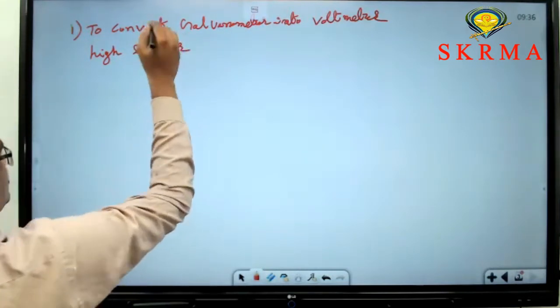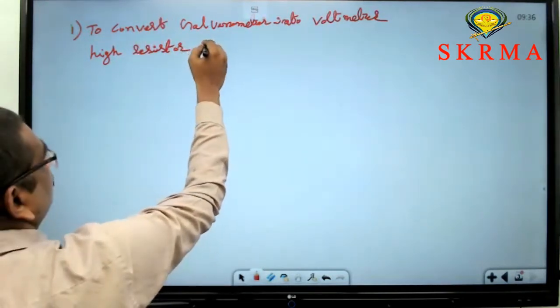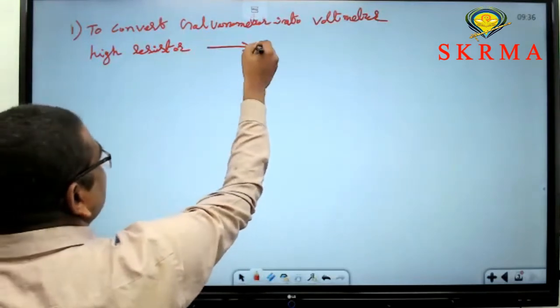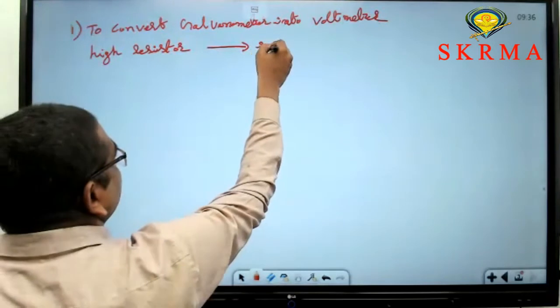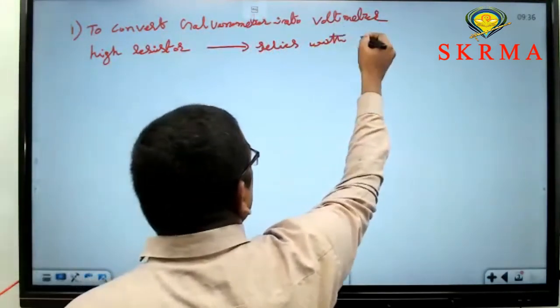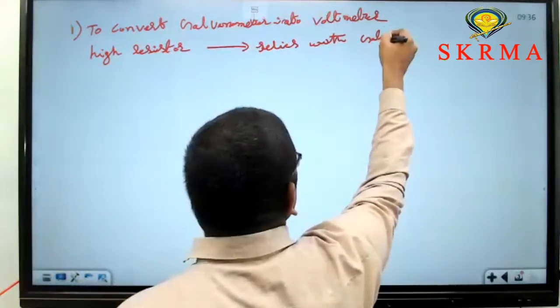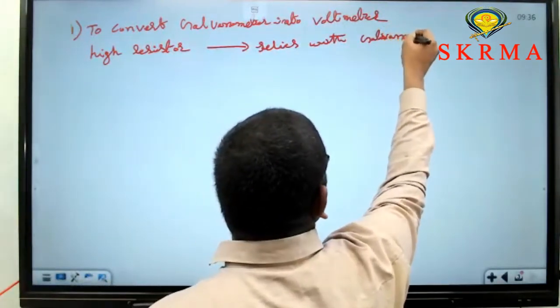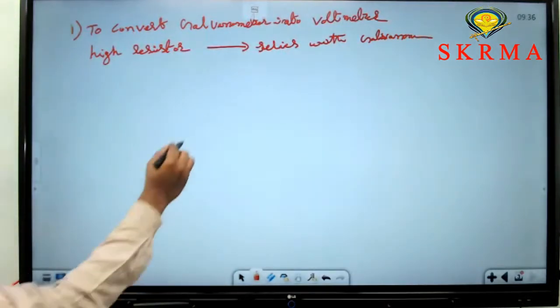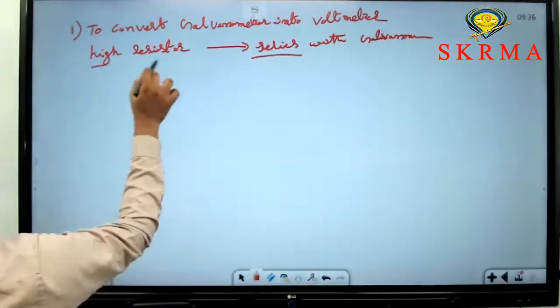A high resistor should be connected in series with the galvanometer.